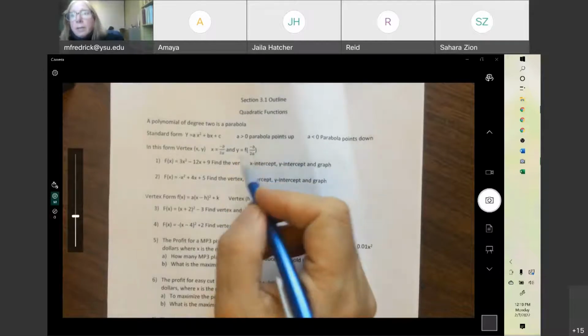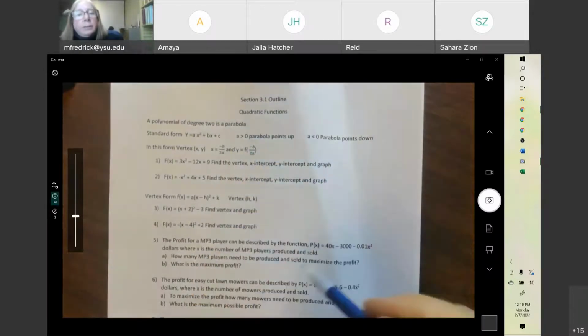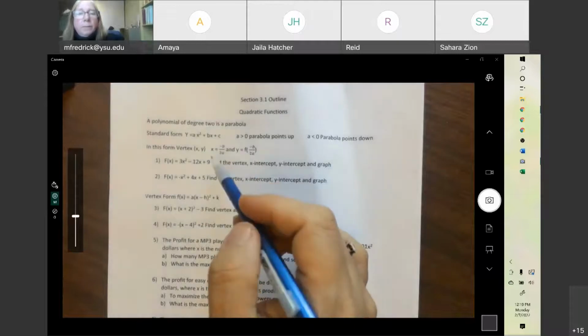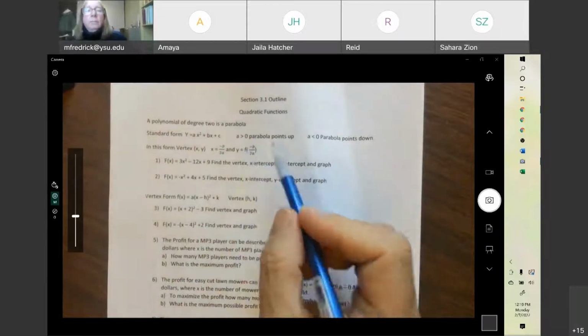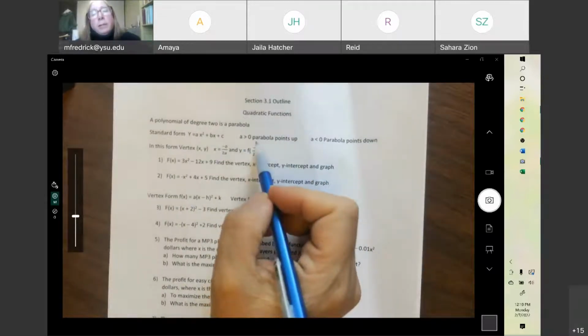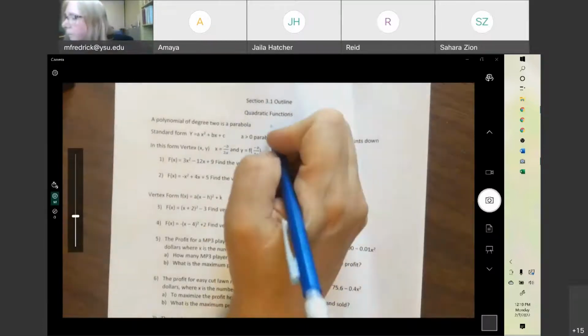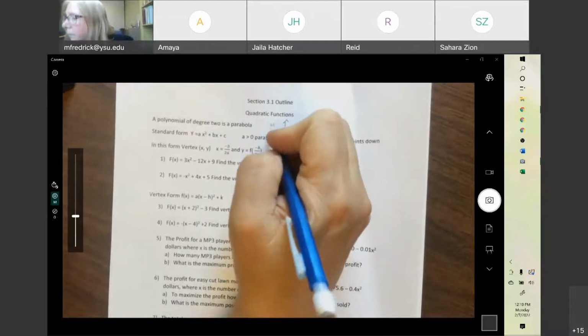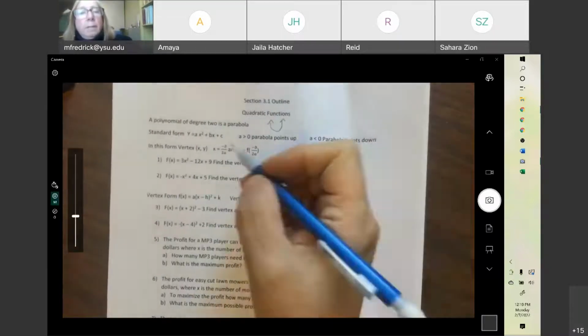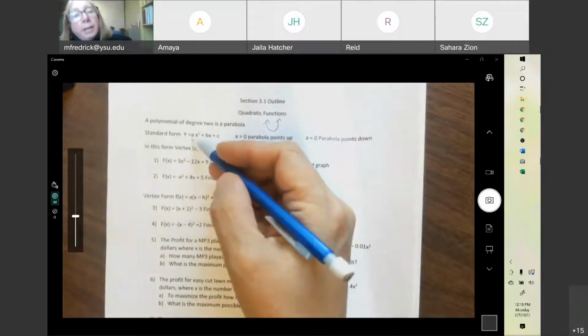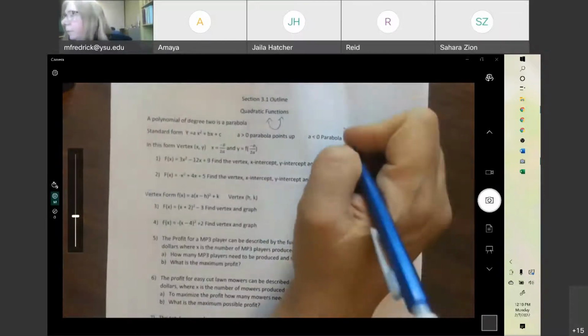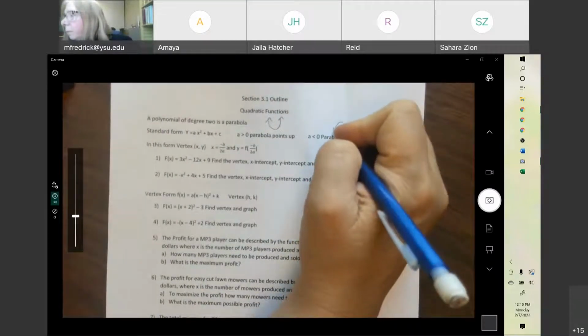And this is on, as you learn, all of these outlines are on there. When a is greater than 0, your parabola points up. If the leading term, the a, is negative, points down.